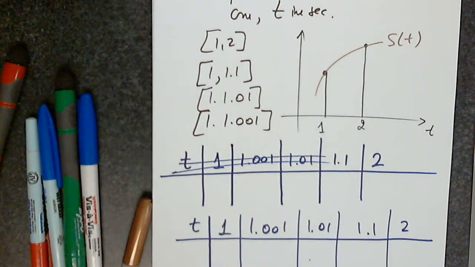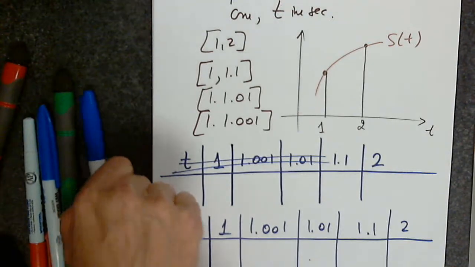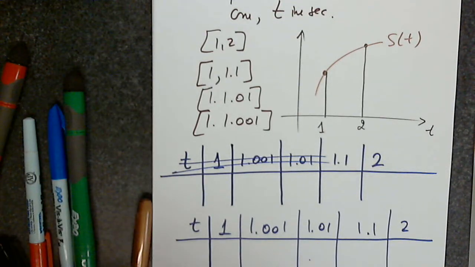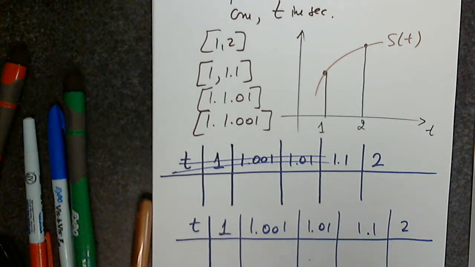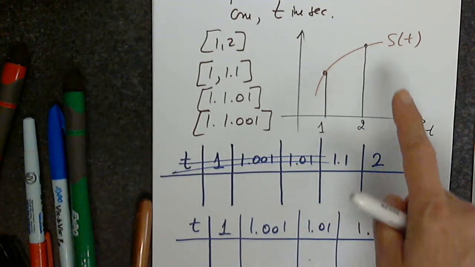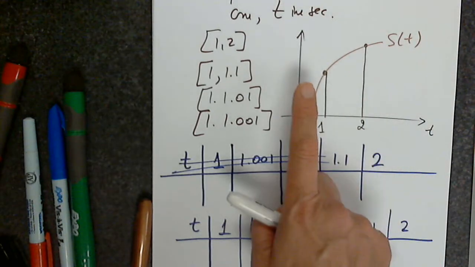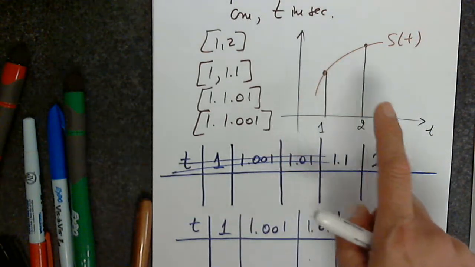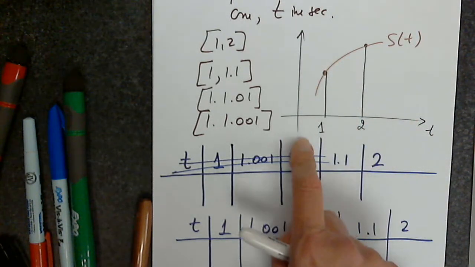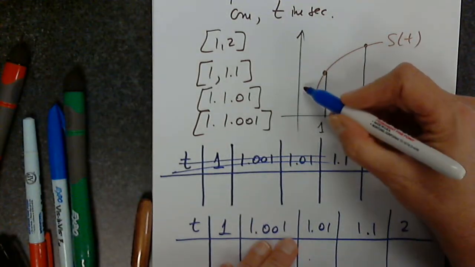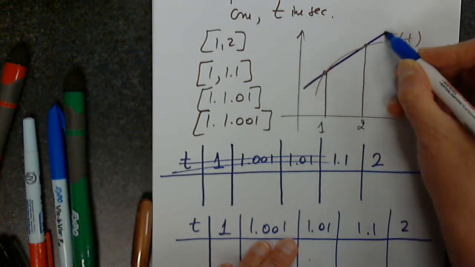How will I determine the average rate of change between 1 and 2? S of 2 minus S of 1 over 2 minus 1. And it will be the same as the slope of this line.